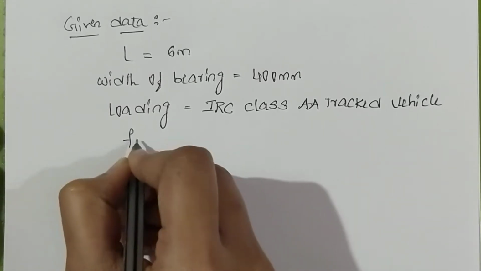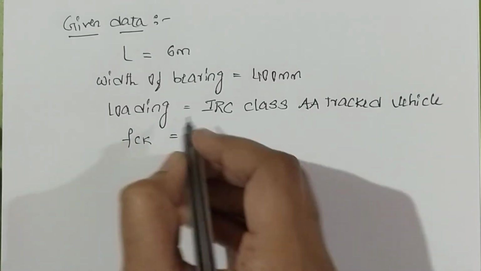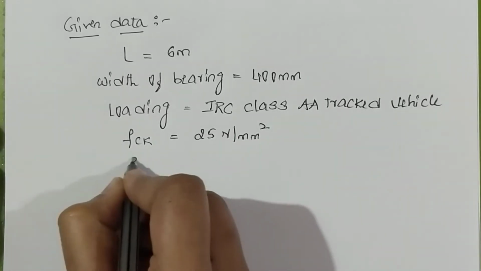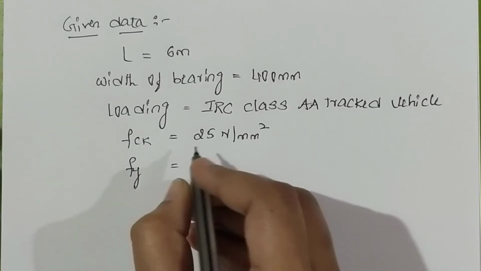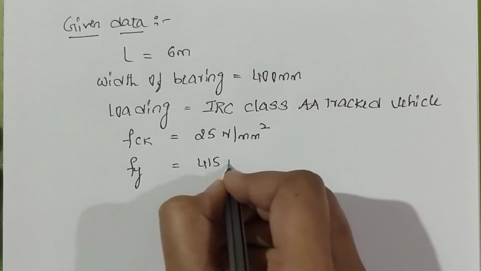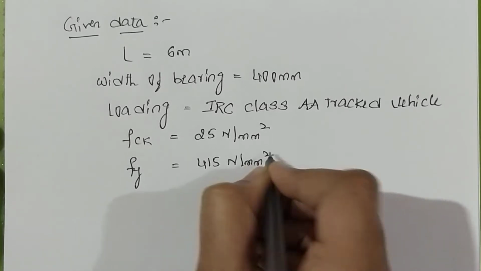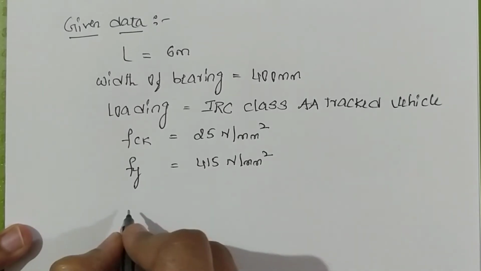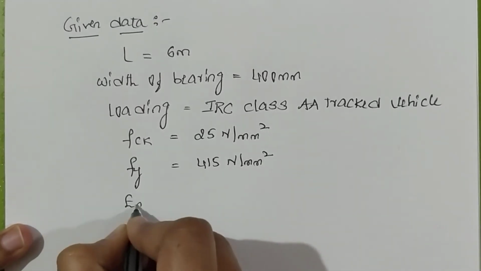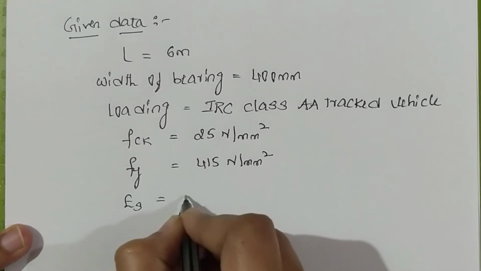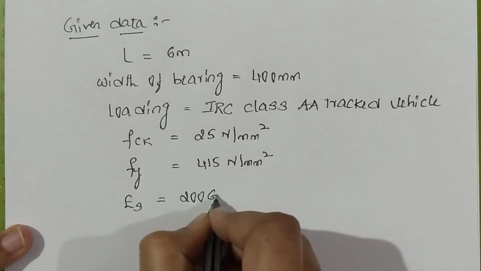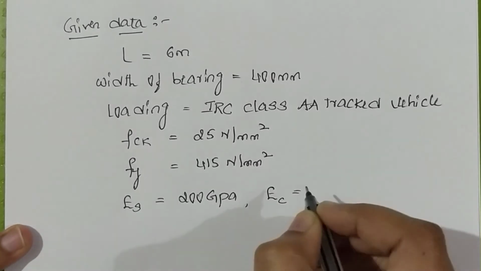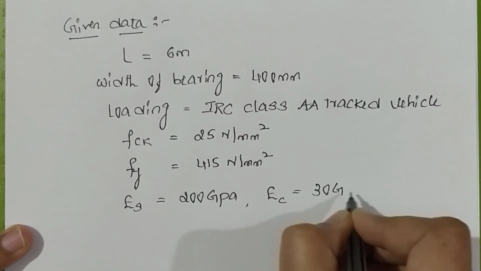And the grade of concrete they have given, it is denoted by fck, 25 Newton per mm square, and the grade of steel, it is denoted by fy, they have given 415 Newton per mm square. Assume the modulus of elasticity of the steel, denoted by Es, is 200 gigapascal, and modulus of elasticity of the concrete Ec is 30 gigapascal.